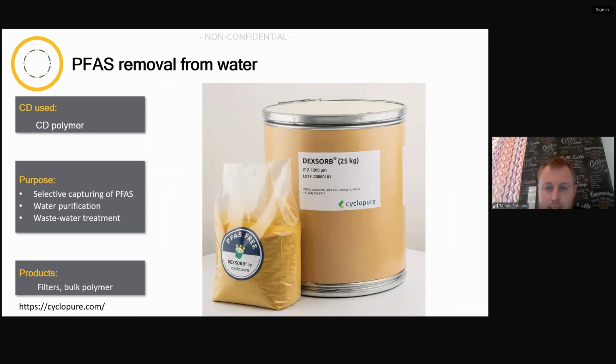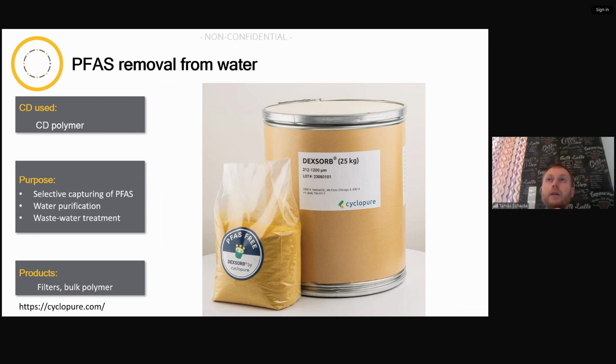And I think my last example is again a kind of environmental application, which I said is not as moonshot, or maybe it was a moonshot in the beginning, but these guys showed that dreams can also come true. So the goal was to develop a cyclodextrin polymer. So now we are not just talking about one cyclodextrin, but cross-linked cyclodextrins to remove certain components of water.